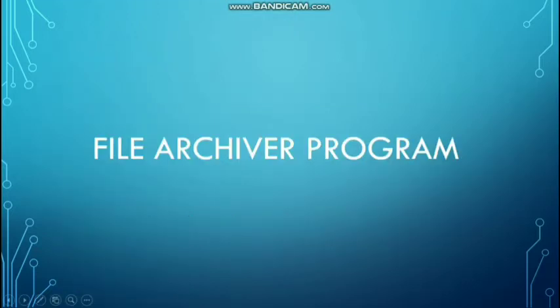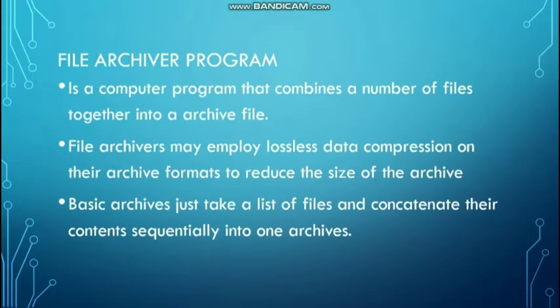Next is the File Archiver Program. A file archiver is a computer program that combines a number of files together into one archive. For easier transportation or storage, file archivers may employ lossless data compression in their archive formats to reduce the size of the archive.